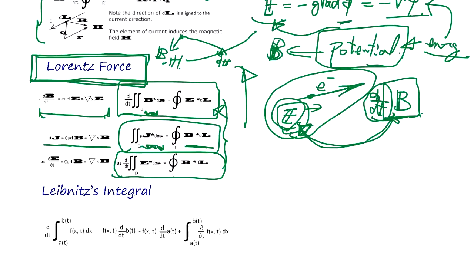Okay, and this magnetic field is generated by what? Current. So the current generates magnetic field. Magnetic field generates electric field.